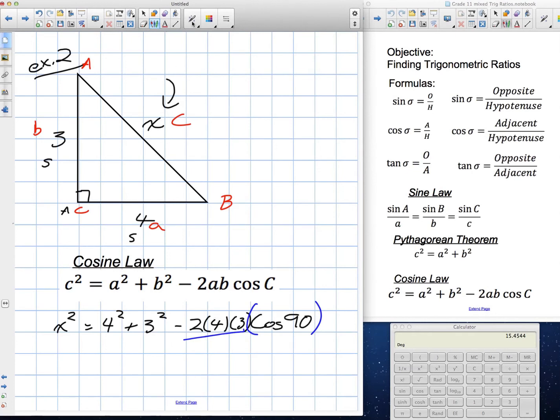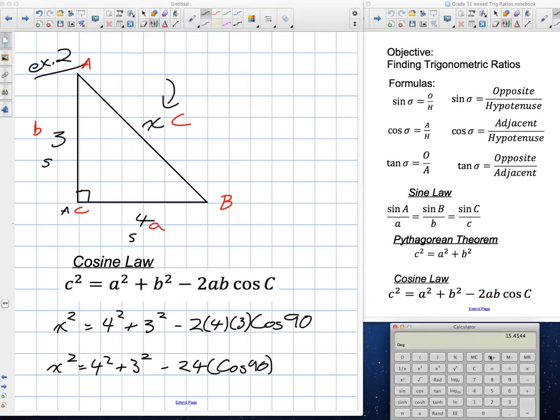I'll humor you for a moment. We have x squared is equal to... This will become what? Or let's actually just leave it like this for now so that we can draw similarities. Negative 8 times 3, negative 24, times cos 90.